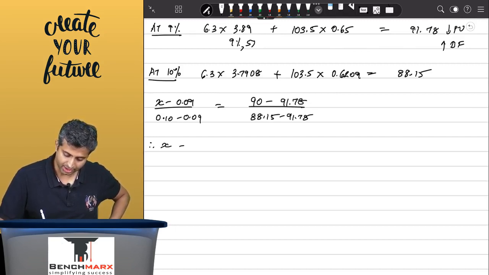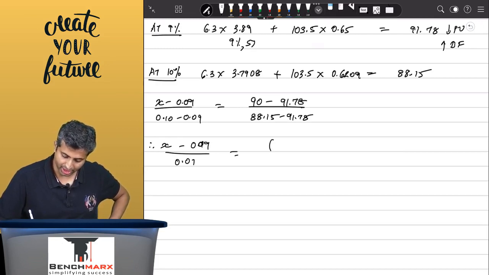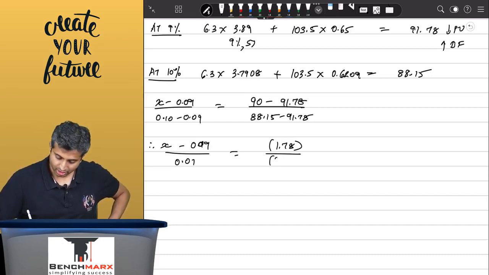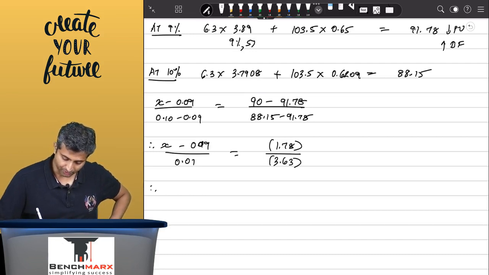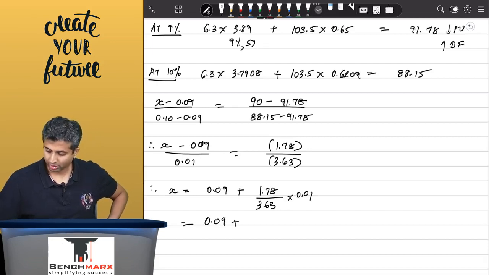Let's do it on a stepwise basis: x minus 0.09 upon 0.01 equals negative 1.78 upon 88.15 minus 91.78, which is 3.63. Therefore x equals 0.09 plus 1.78, this will become negative, negative becomes positive, upon 3.63 into 0.01.